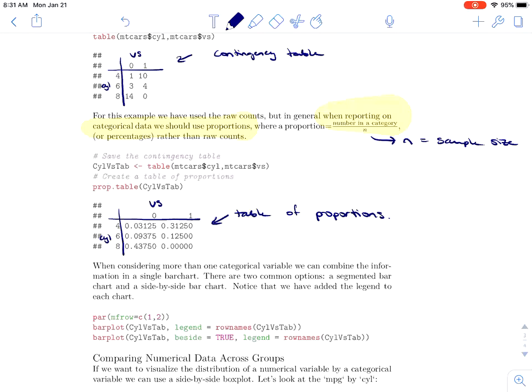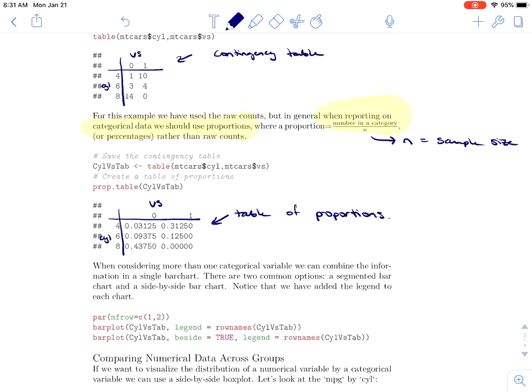I'll expect you to be able to read something like a summary from R, but as far as testing you on how to make a table of the proportions, no, we're not doing that. I just want to highlight that because it could be overwhelming.